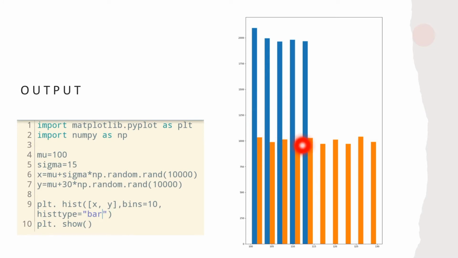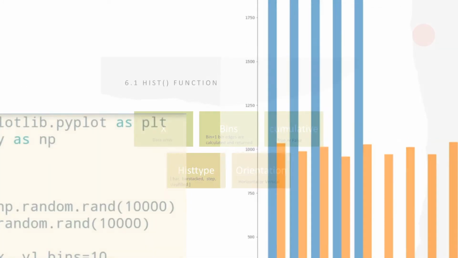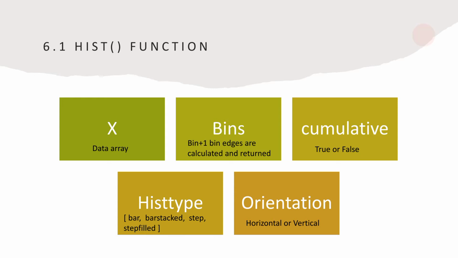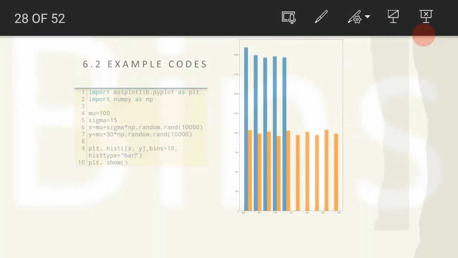These multiple bars are a histogram plot, and in the hist function we have 5 different things: the data array; bins, meaning bins plus 1 edges are calculated and returned; then cumulative, which is a boolean value, true or false; histtype, that is what type of histogram it will be, bar, barstacked, step, or stepfilled; and orientation, horizontal or vertical.